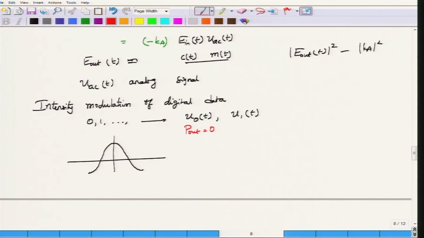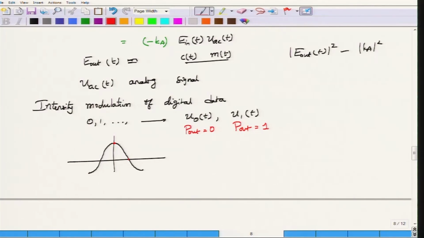When I get a bit 1, this bit 1 has to be mapped to output power equal to 1, that is to the maximum operating point of the Mach Zehnder modulator. So, you have to switch between the minimum transmission point, or the 0 point of the modulator, to the maximum transmission point, which would be at this stage, right.